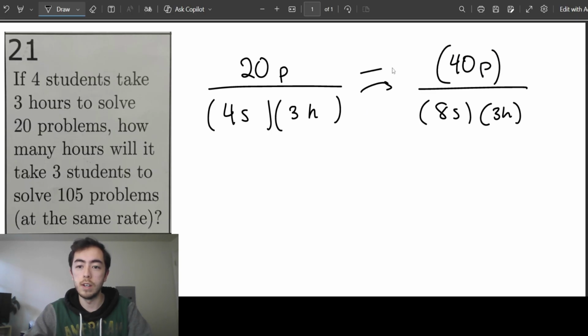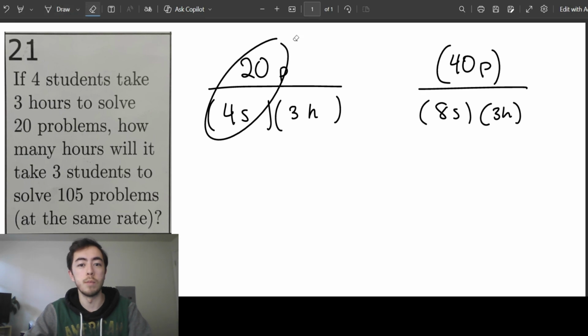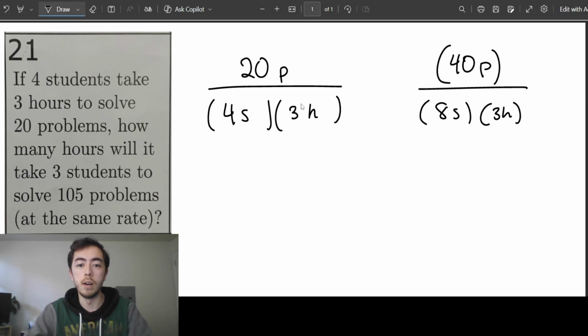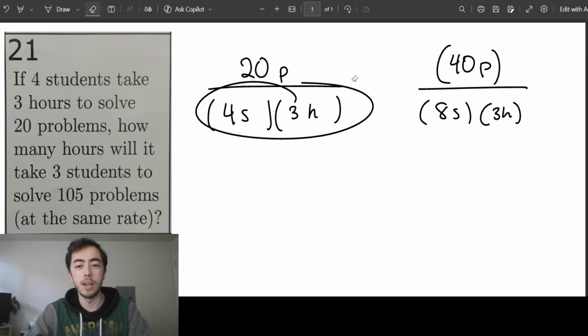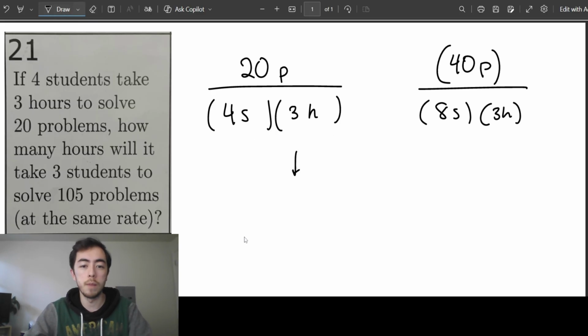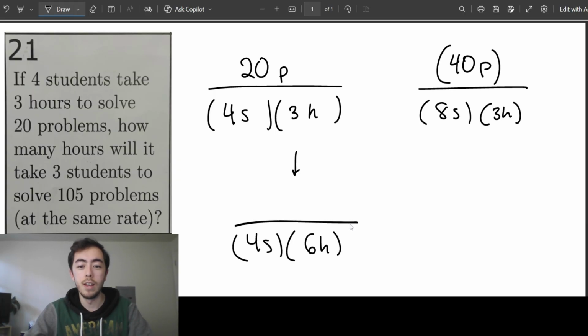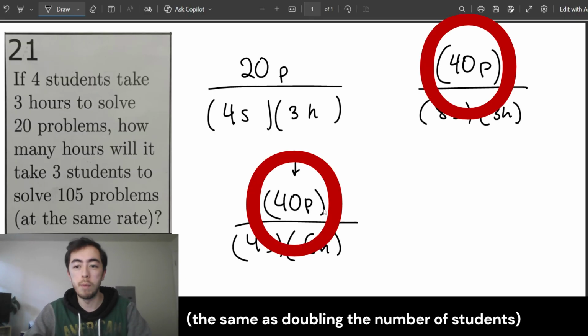So this fraction is still equal to the other one, and basically I'm just trying to increase or decrease these numbers by the same factor, but not both of these at the same time, right? I could also think, okay, I still have 4 students, but I give them double the amount of time, and assuming they don't get tired after a while, they should still be able to solve the same number of problems.